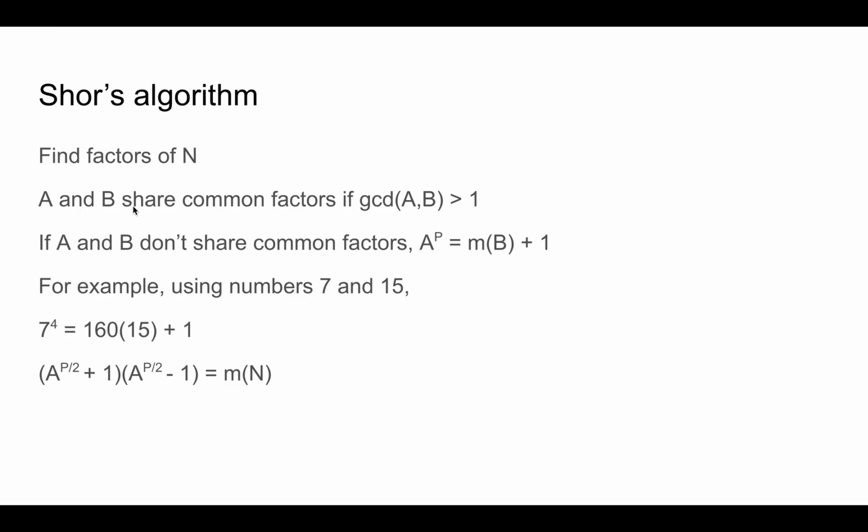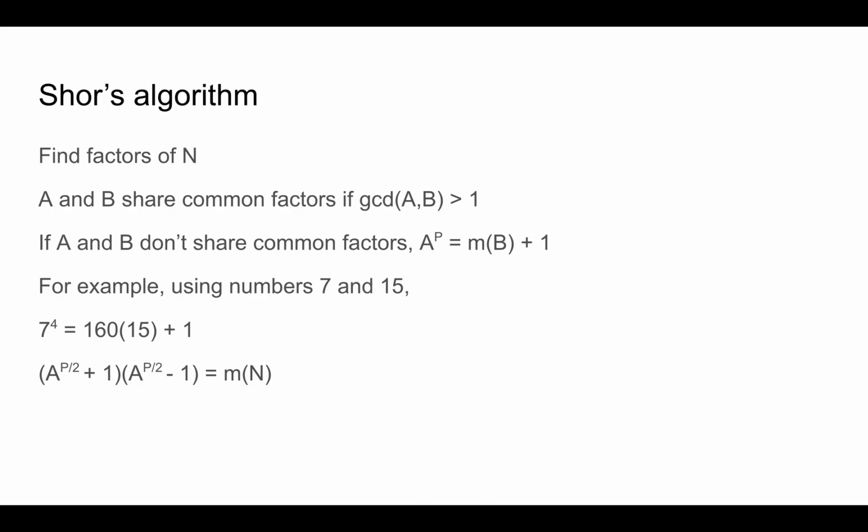So this is the general outline of the algorithm written in more formal notation. For example, if the GCD is greater than 1, that means they share common factors, like we mentioned earlier on. And if they don't share common factors, then based on this mathematical theorem, a to the power of p, that means if you multiply a by itself p times, will equal some m multiplied by b, plus 1.